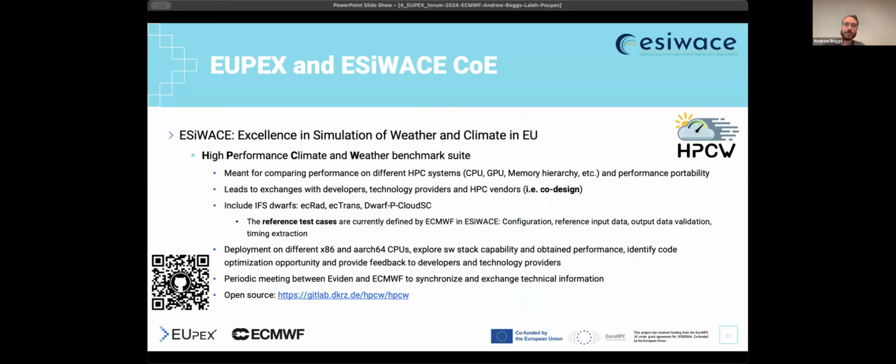And in particular, HPCW, which is a benchmark suite of Center of Excellence programs that are targeting different aspects of HPC systems.